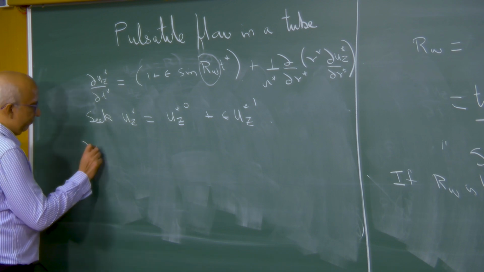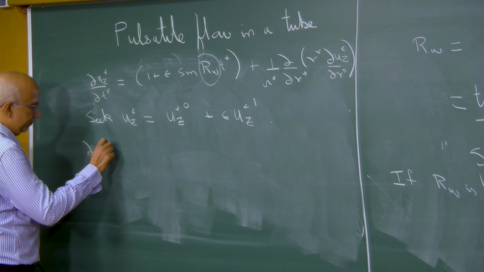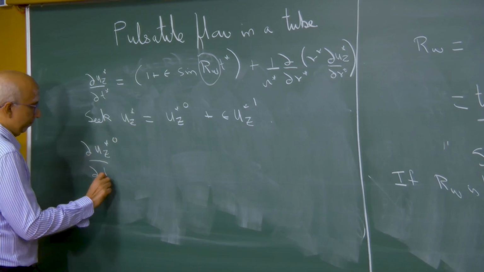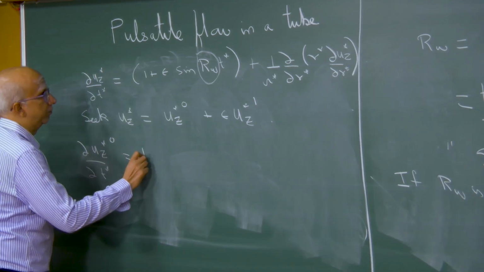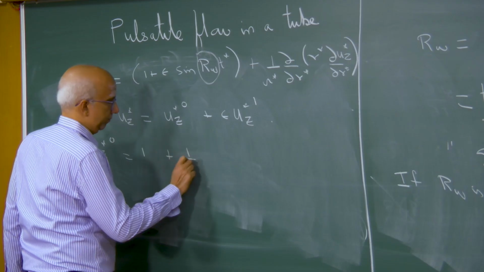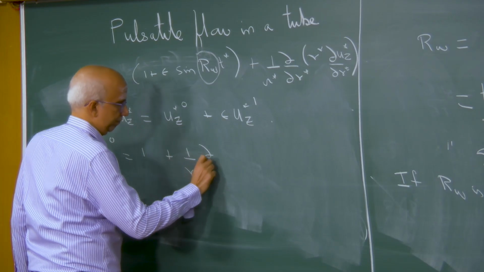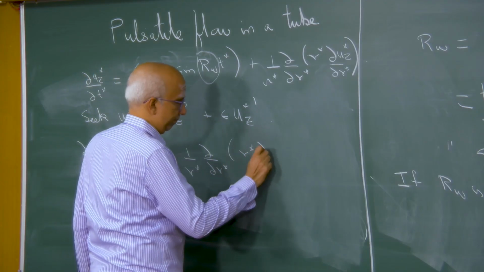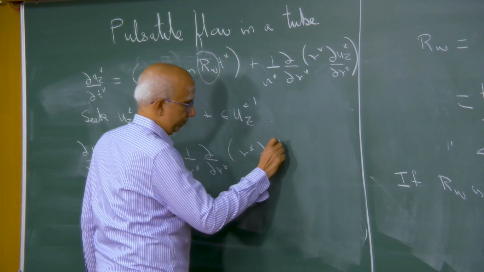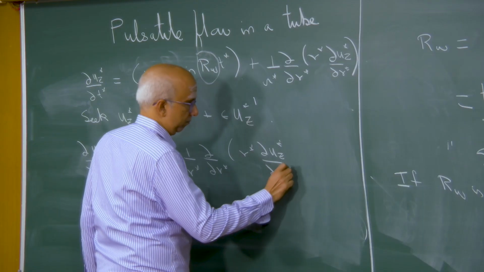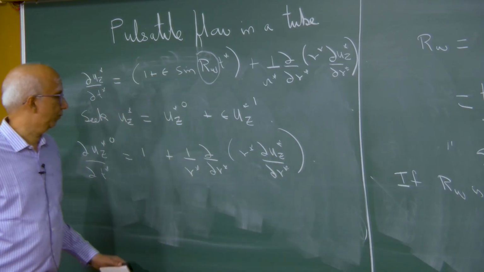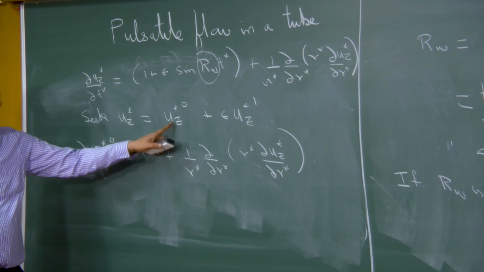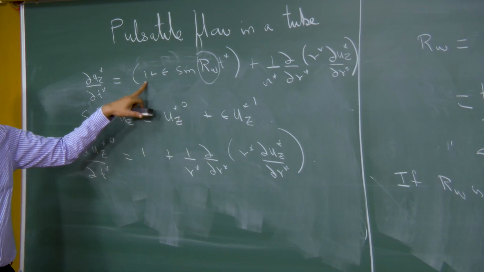I am going to define it like this. u_z*0 takes into account this non-homogeneity.